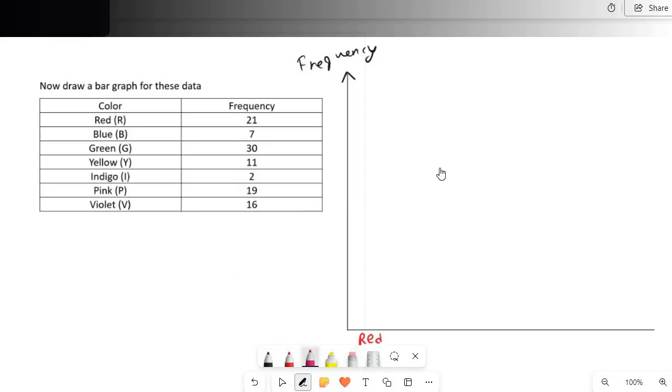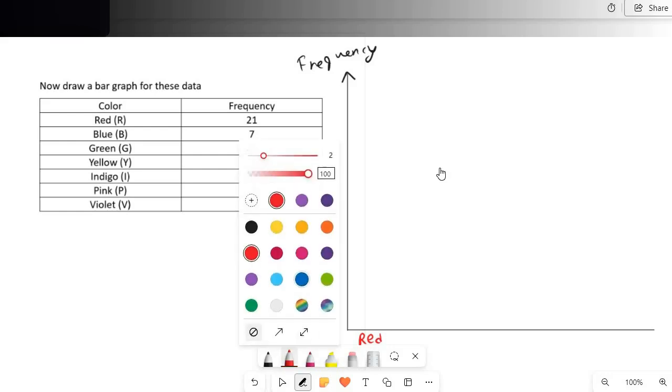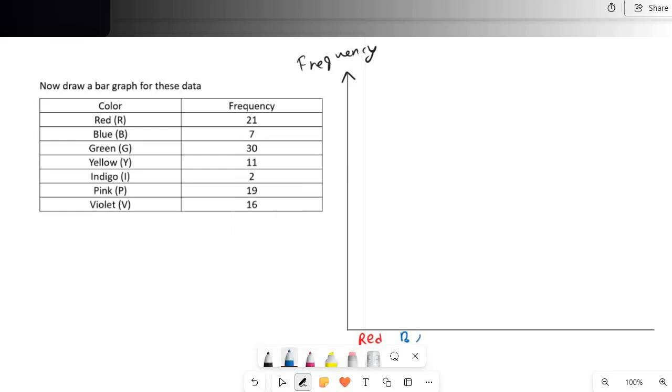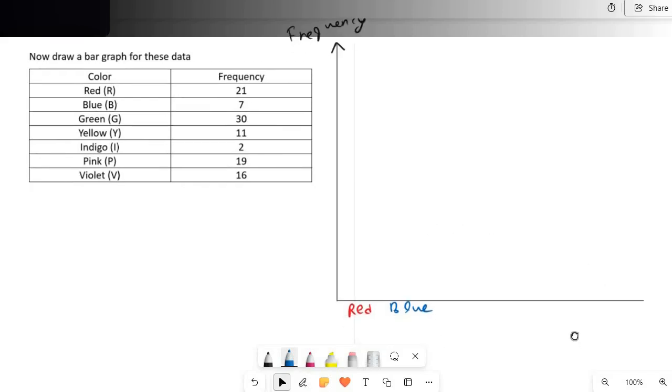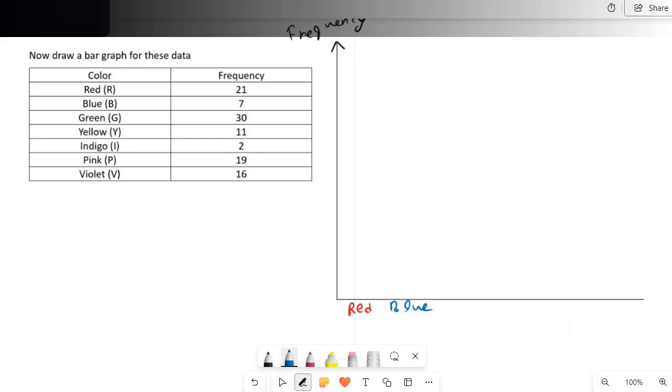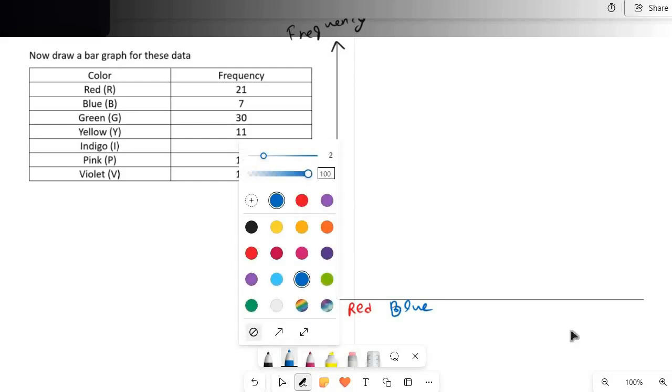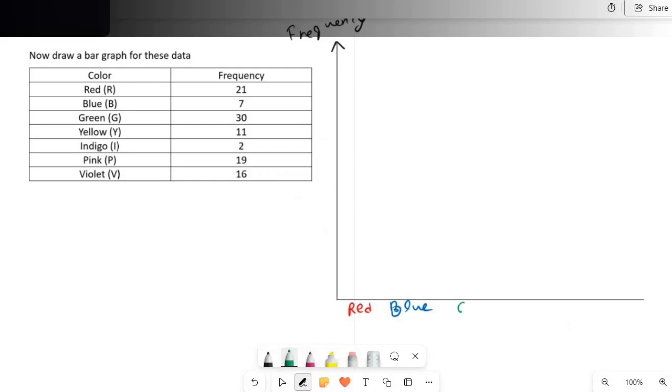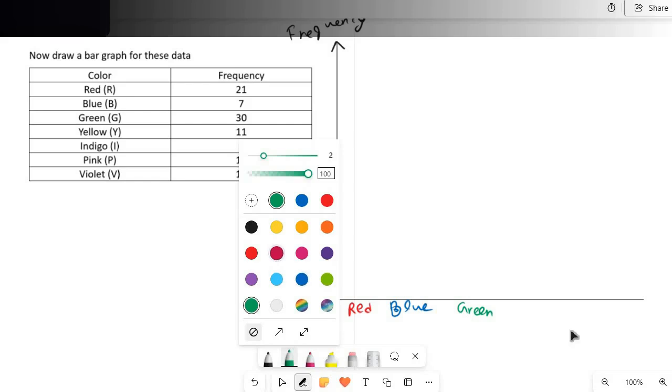For the second one, it's a blue. So we can use a blue color here. Similarly, we have green after that. Then we have yellow.